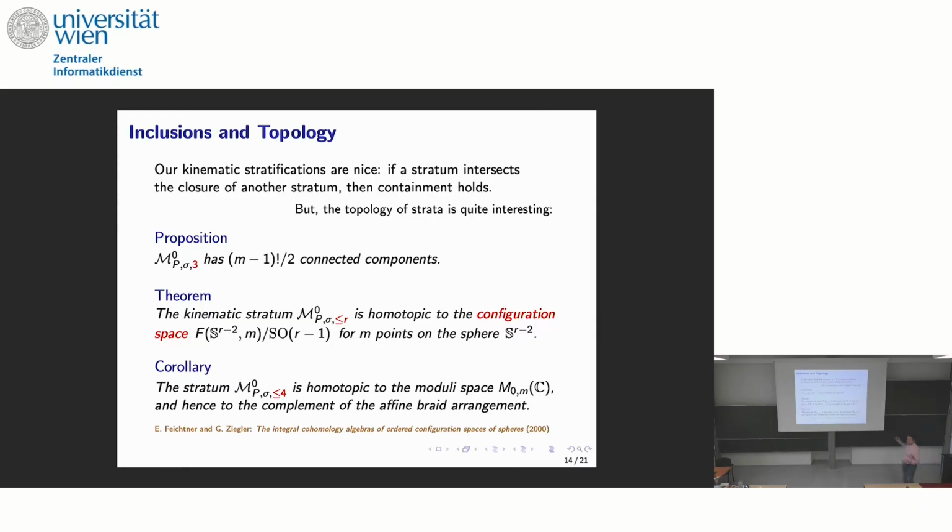What this slide says is the strata themselves have interesting topology. Unlike in the positroid situation where the strata are balls, here the strata have interesting topology. Maybe you're a little lost in the details, but all I'm doing is describing the combinatorics and topology of organizing Mandelstam matrices, that is to say, kinematic data over the real numbers.